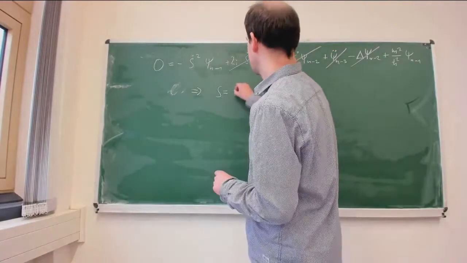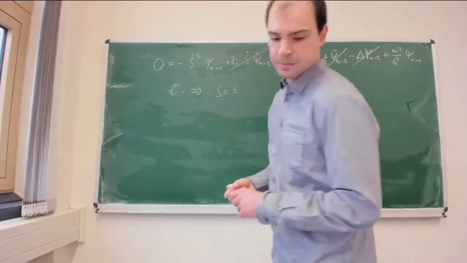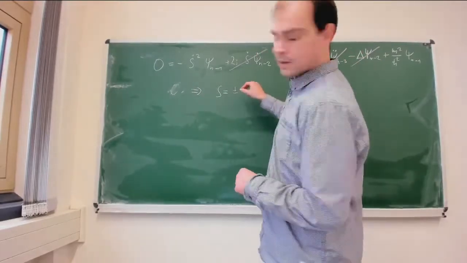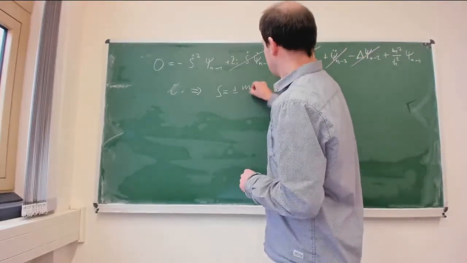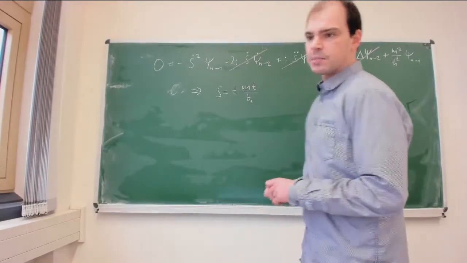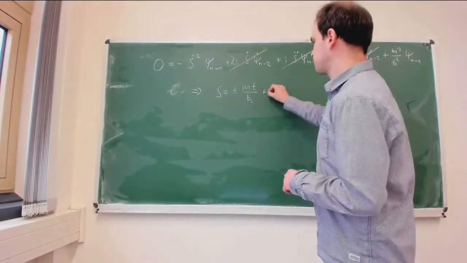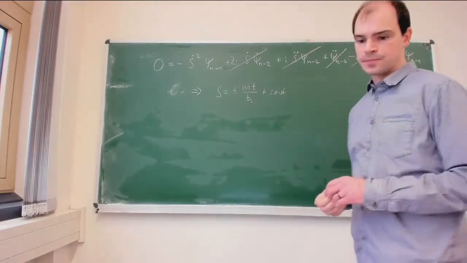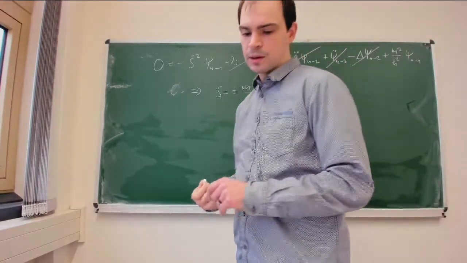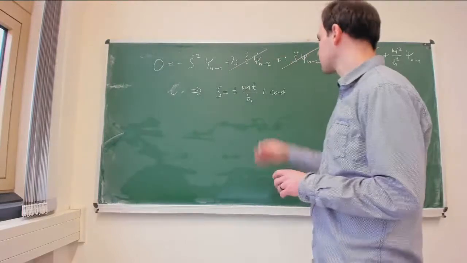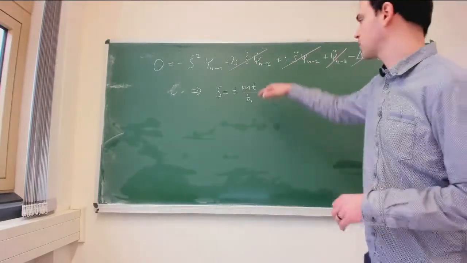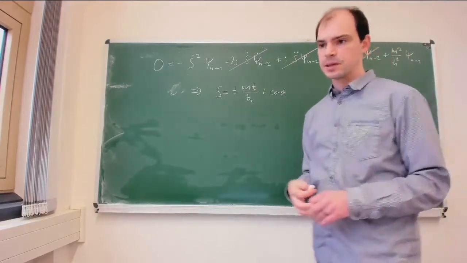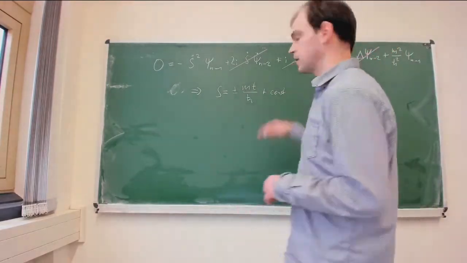s must be plus or minus, because we have an equation for s dot squared, plus or minus mt divided by h bar, plus constants in time. We can ignore these constants, that will just be a constant overall phase of the wave function that will not be visible in any situation.